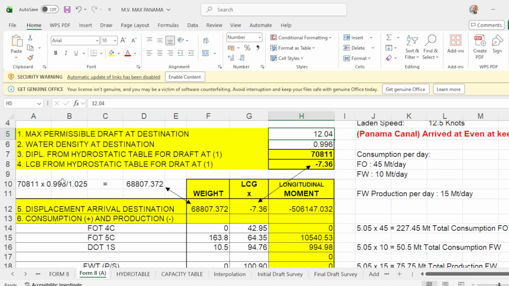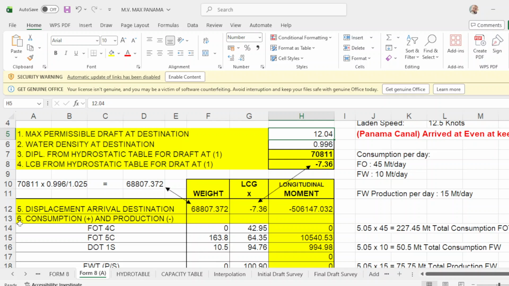When you are floating in Panama, take note that this displacement is in brackish water of 0.996.